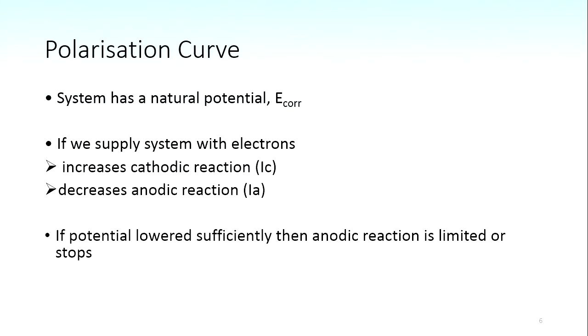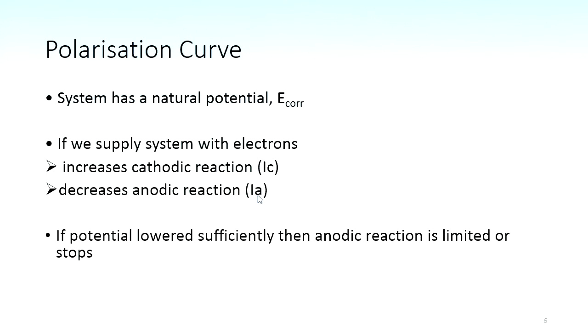You don't necessarily want to actually put so much energy in that you stop it entirely. There's a cost issue in some situations. So sometimes we are just limiting the anodic reaction, sometimes we actually stop.